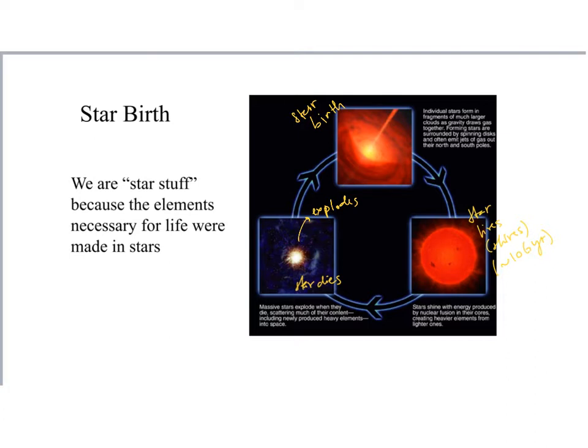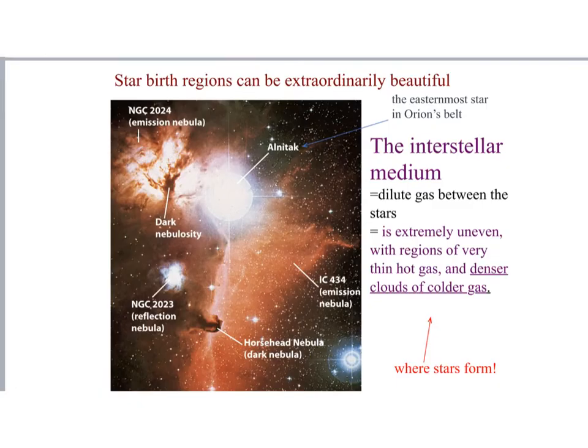Okay, so we're going to start this lecture talking about star births, and in particular we'll talk right now about those stellar nurseries, the regions where the stars form, and they can be extraordinarily beautiful.